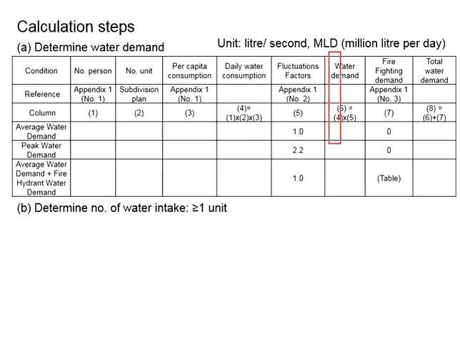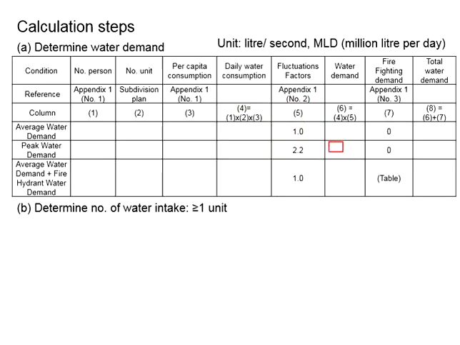Next, you will need to generate the water demand, taking into consideration the fluctuation factors. This is calculated by multiplying the daily water consumptions with the fluctuation factors.